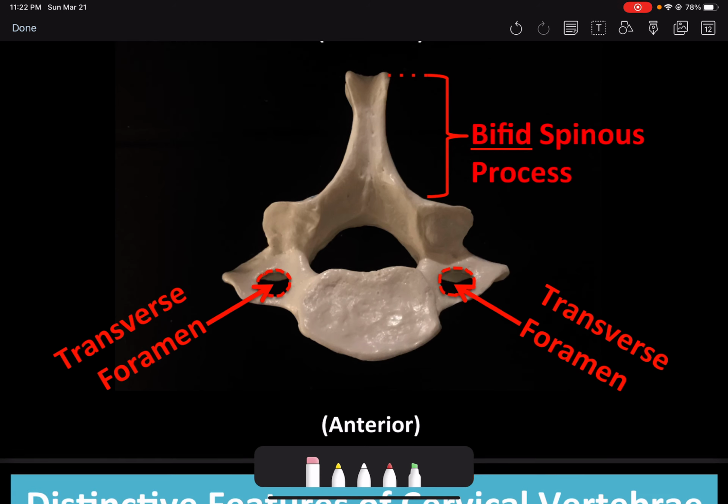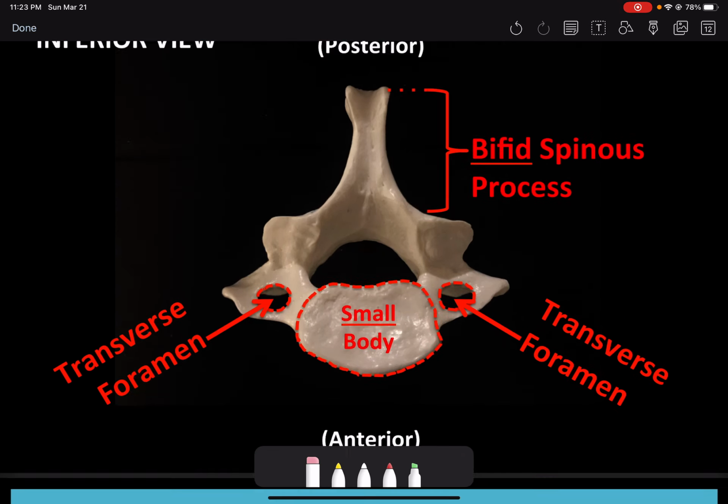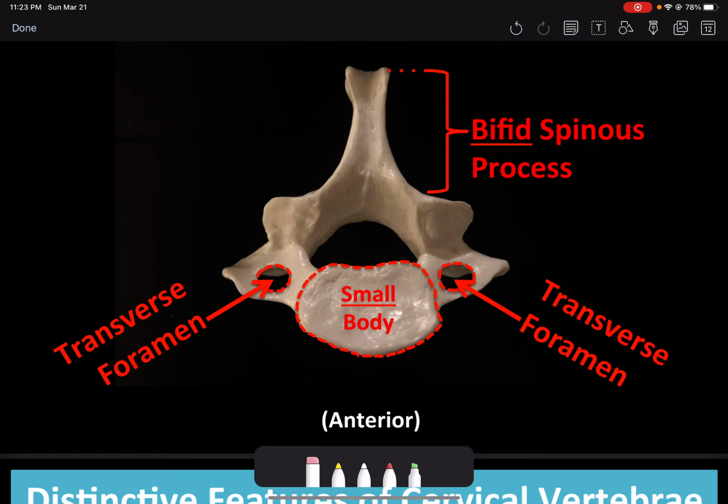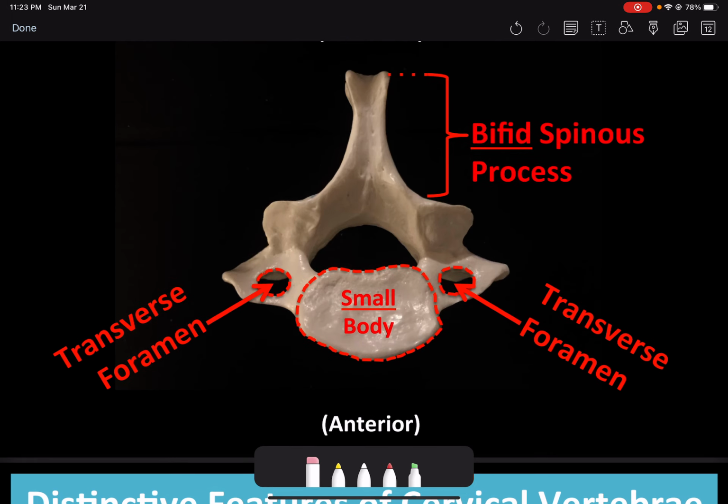The spinous process is unique in the cervical vertebrae in that it is bifid, meaning it has two little points to it instead of one point. They have a very small body, and the reason why you have a small body in the cervical vertebrae is because they have less weight to carry than lower vertebrae, all right?